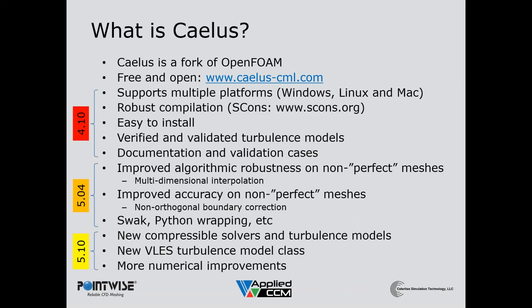Earlier this year, the April release was about algorithmic improvements on non-perfect meshes, and some improvements for accuracy near boundaries on non-perfect meshes as well. Another really cool one we added was from a project called SWAK4Foam by Bernhard Gschaider, which was an independently developed project by himself and through his company.